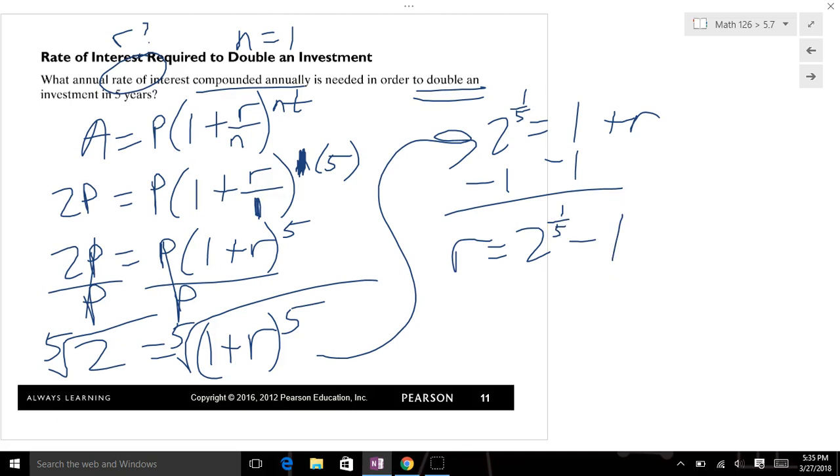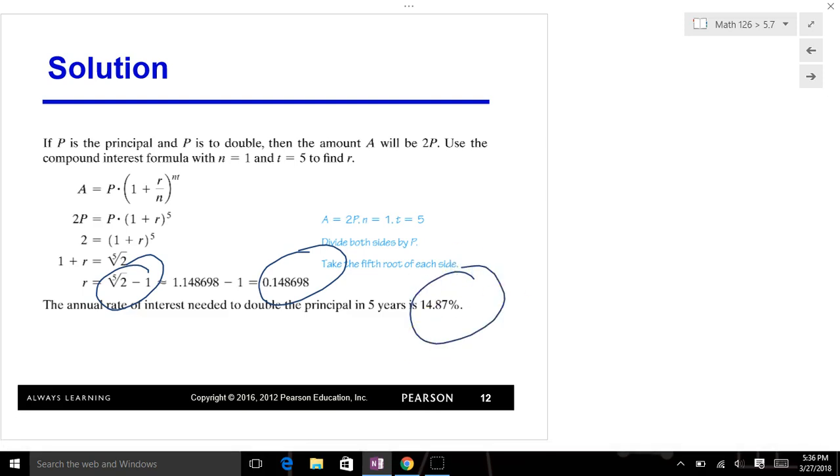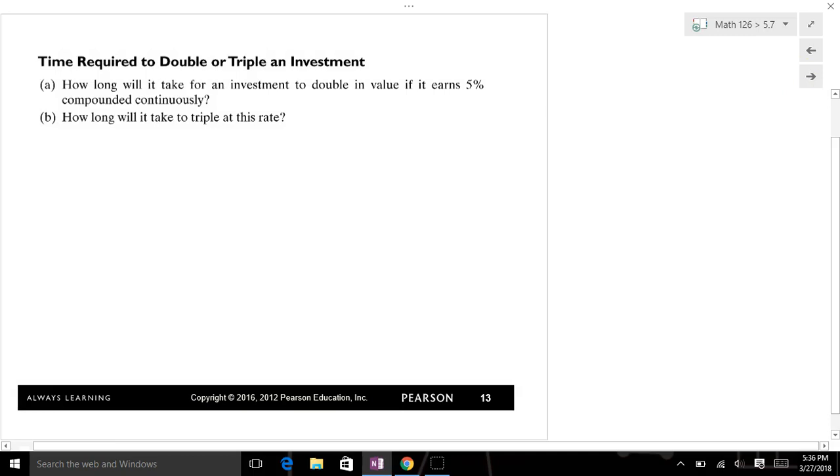And that'll end up with, let's see, there it is. 5th root of 2 minus 1, 0.148698. So in other words, rounding that as a percent to the nearest hundredth would be 14.87%. Move that decimal over twice to get your percent, multiply by 100. So to double in 5 years, compounding annually, you've got to get 14.87%.